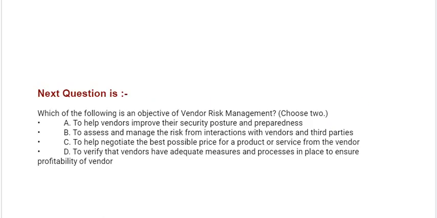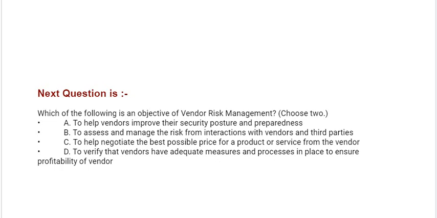Question is, which of the following is an objective of vendor risk management? Choose two options. Option A. To help vendors improve their security posture and preparedness. Option B. To assess and manage the risk from interactions with vendors and third parties.